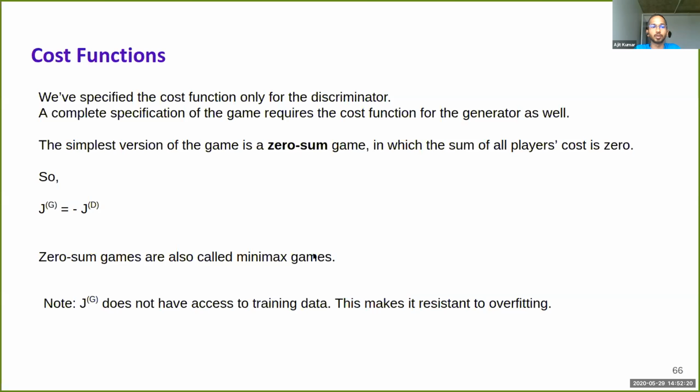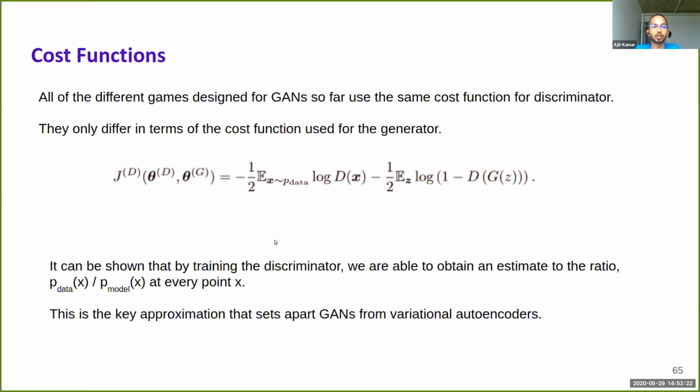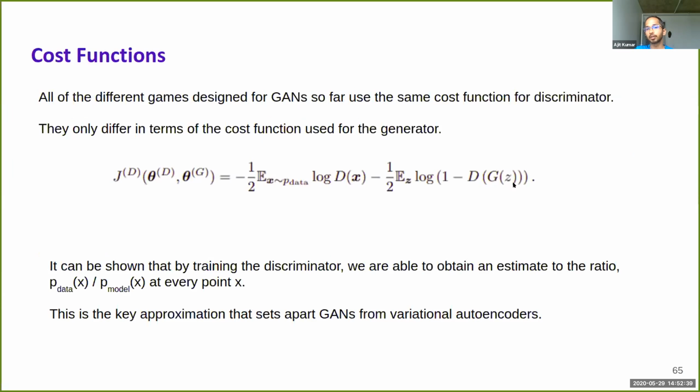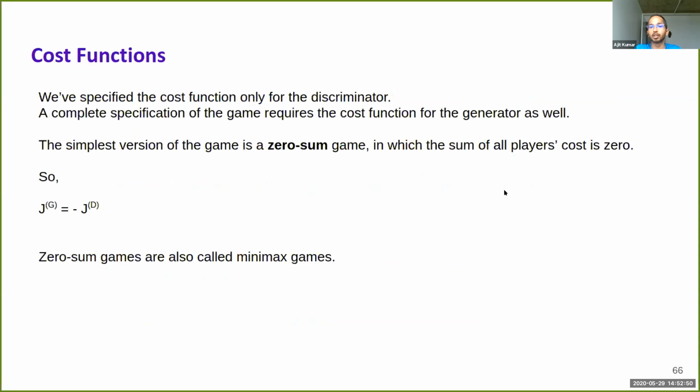And if you notice J of D, which is this equation, then G does not ever have access to the training data X, and so there's no way that it can actually overfit to that data, because what it has access to is only the discriminator's output for the original data and the discriminator's output for the fake data, but it never gets access to the original training data.